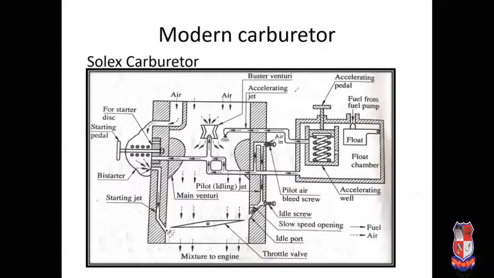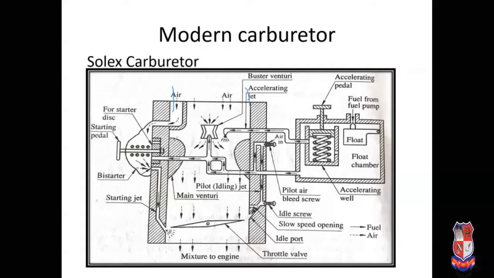Okay, now next is the modern carburetor. In a modern carburetor, different additional components are added to the simple carburetor. The first one is the Solex carburetor. In the Solex carburetor, different devices are attached to the simple carburetor. This is the Venturi.